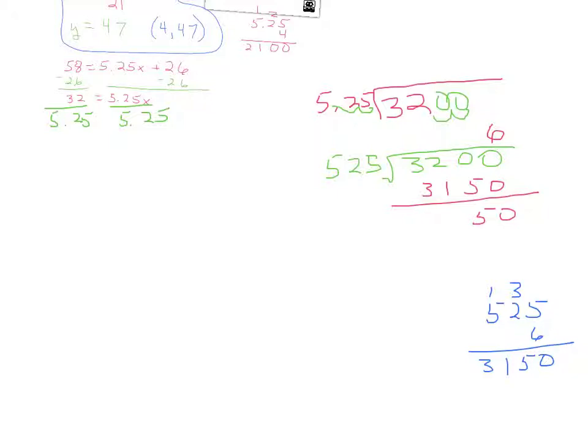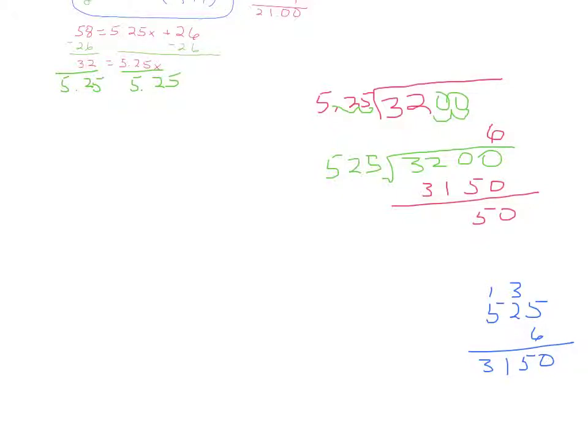Now it says round to the nearest hour. And right now we have 6 hours done, but we need to know what the next digit is going to be so we know how to round. So there's going to be a decimal point here and a decimal point here.